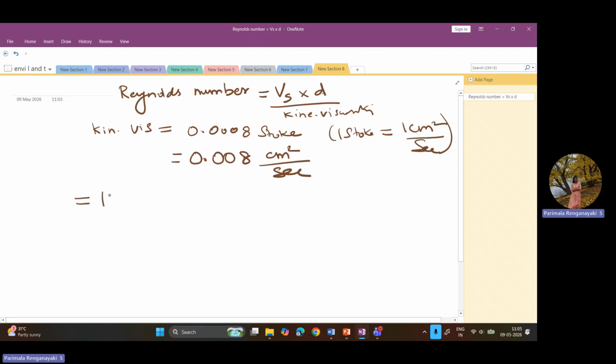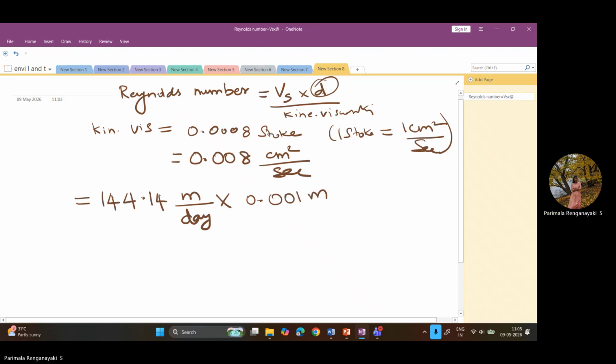We got seepage velocity 144.14 meter per day, and the diameter, the pore space, is given as 0.001 meter, and then divided by kinematic viscosity.